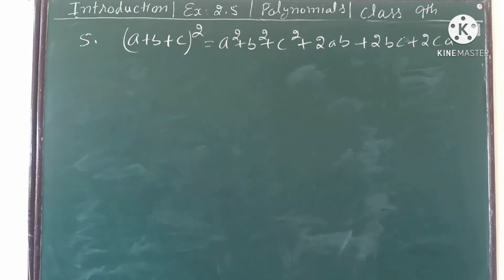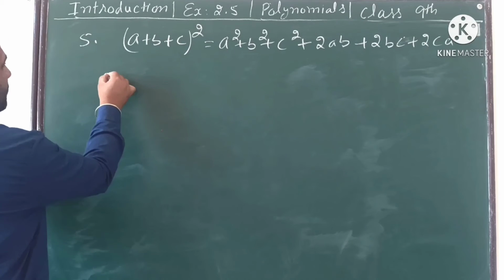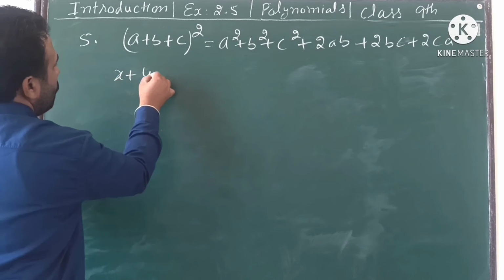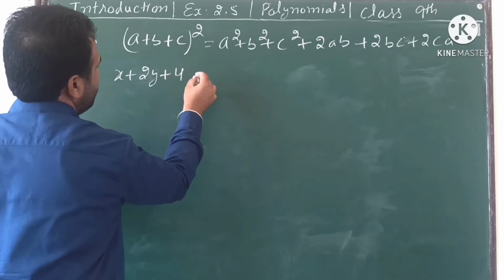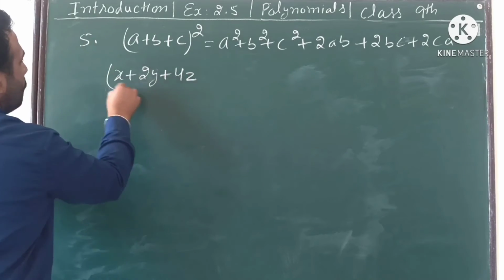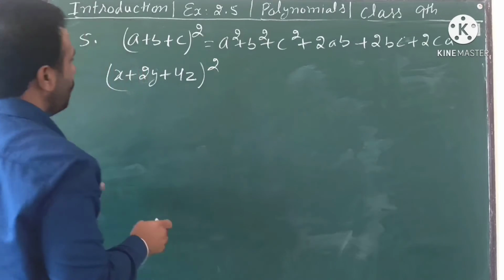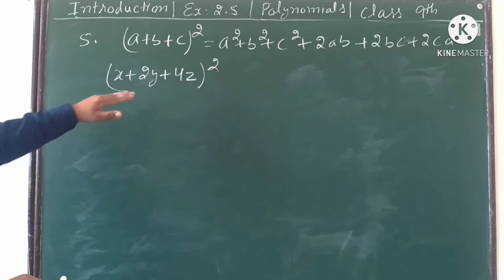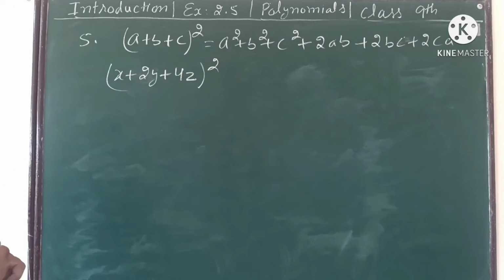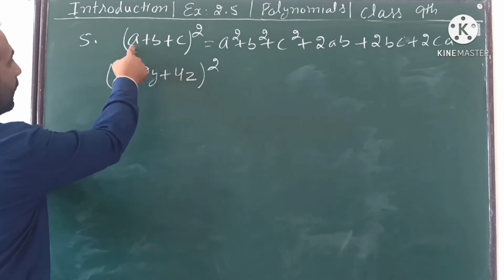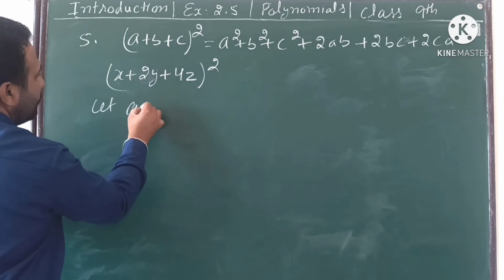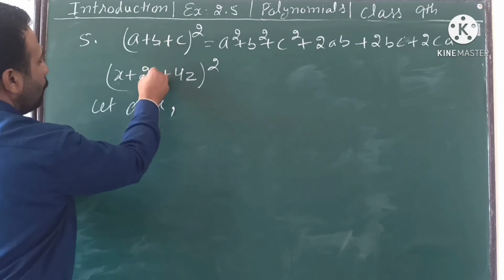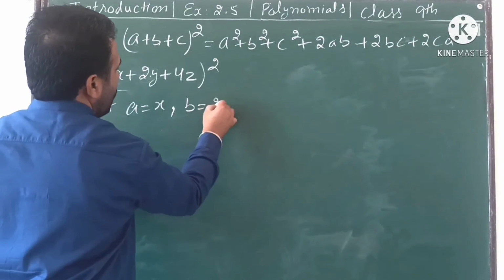x plus 2y plus 4z. Example is x plus 2y plus 4z, power 2. Okay, we will compare this number into this. Let a equal to x, and the value of b is 2y.